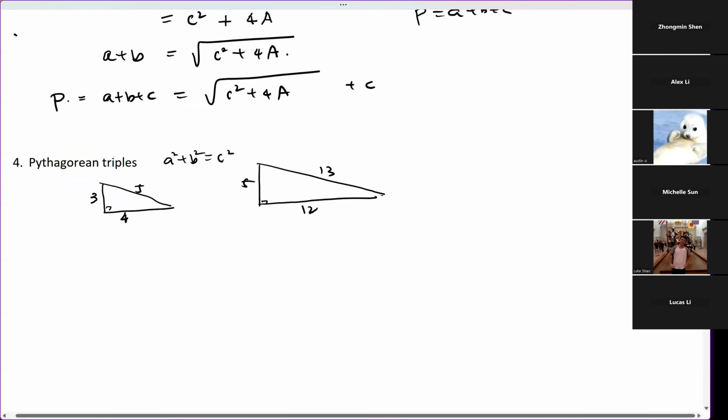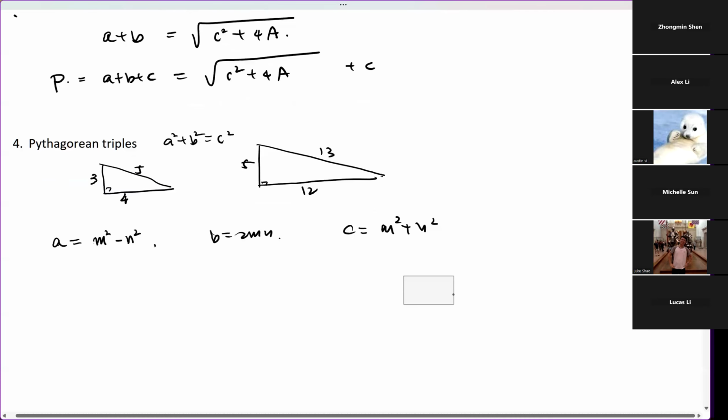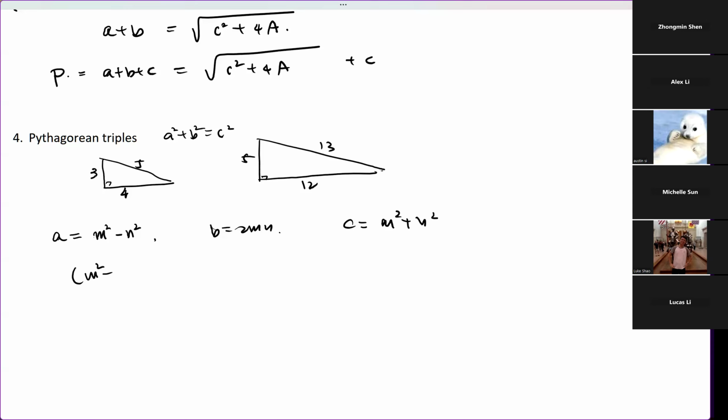Well, it is surprising. If you let A be m squared minus n squared, B is 2mn, C equals m squared plus n squared, then you find out, all right? So here A, B, C are three variables, m and n are only two variables. Then you find that A squared plus B squared is going to be C squared.